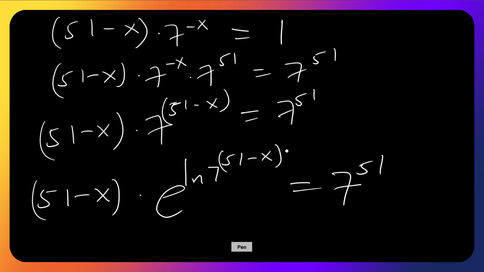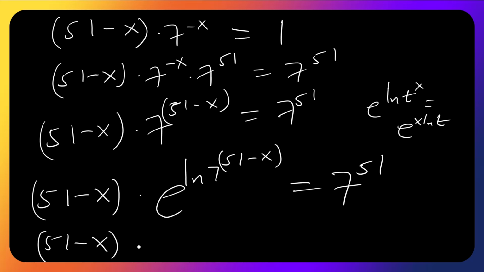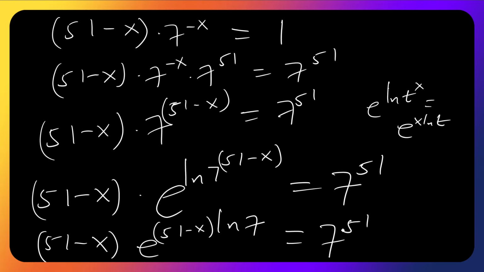This one is a power rule. When we have e raised to the power x ln of t, you can say 51 minus x: e raised to 51 minus x ln of 7 equals 7 to the power 51.